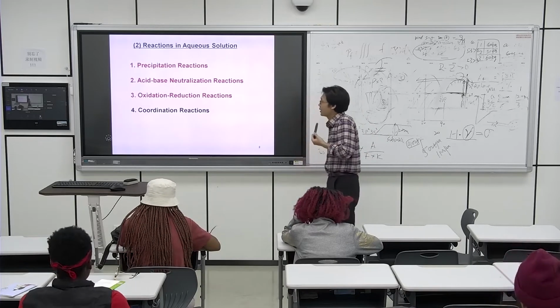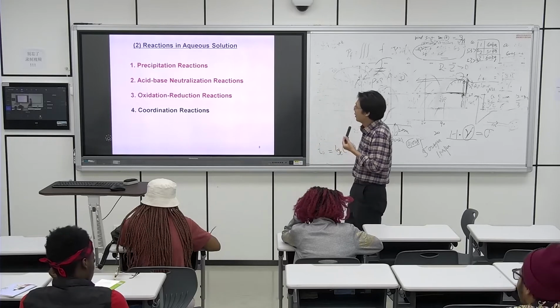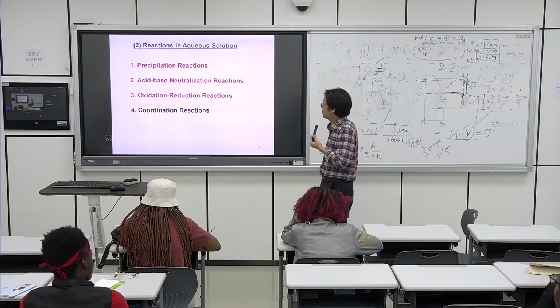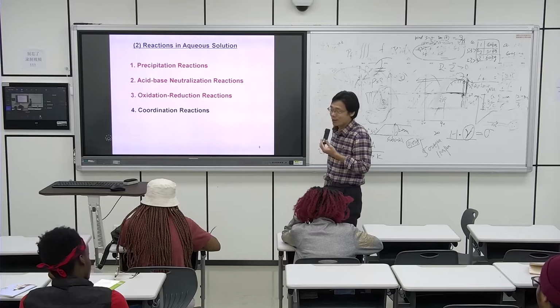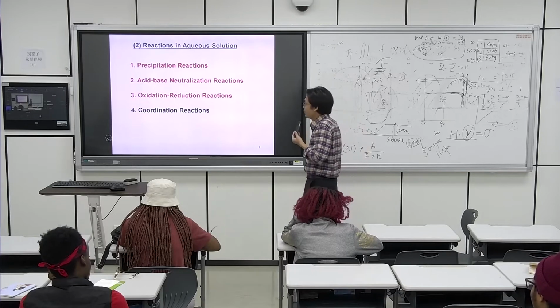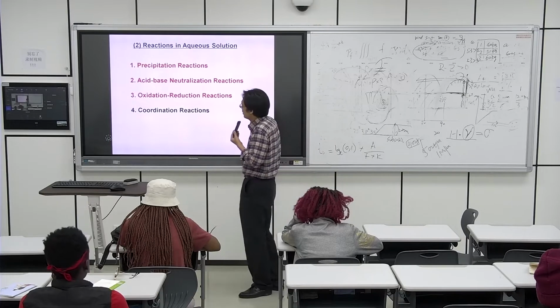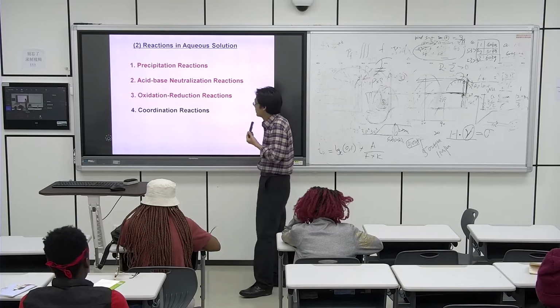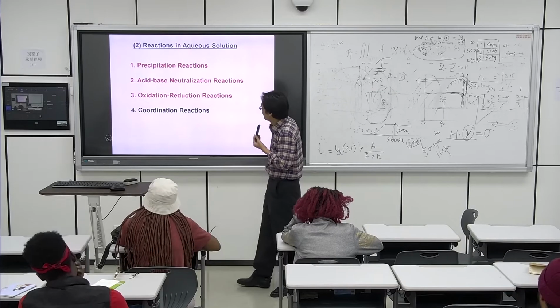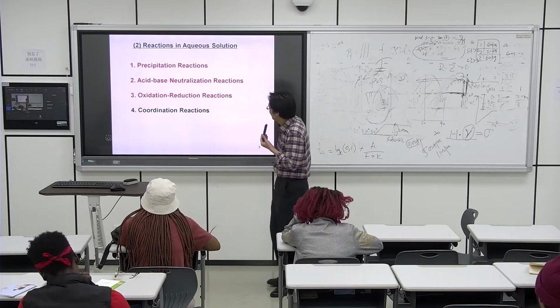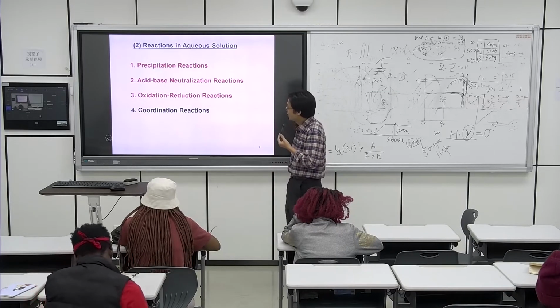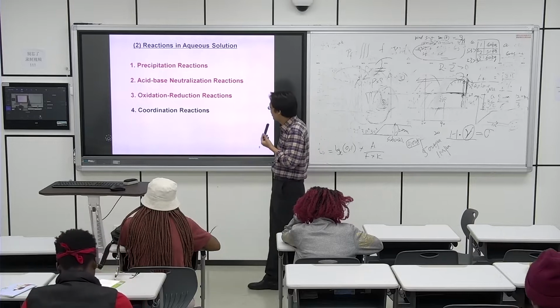Okay, the second part is about reactions in aqueous solution. Basically, there are four kinds of reactions. The first one is precipitation reactions. The second one is acid-base neutralization reactions. The third one is oxidation-reduction reactions.